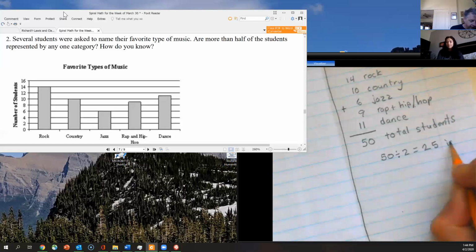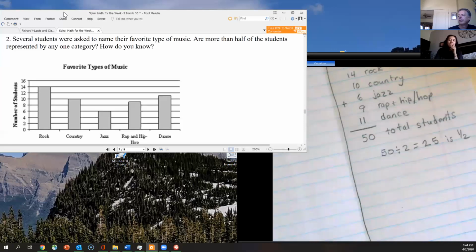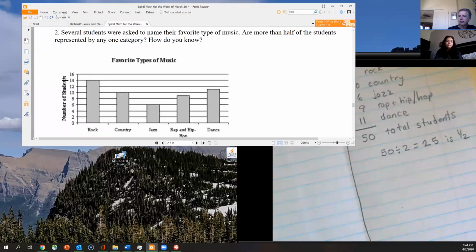So 25 is half. And then I looked at my amount of students in each category, and none of them were above or equal to 25. So what I wrote down for my answer was, I just said no.